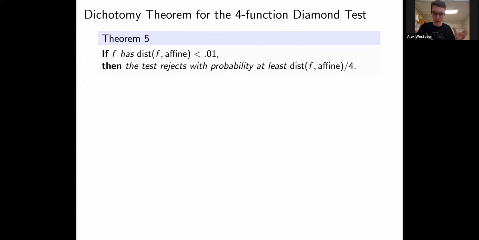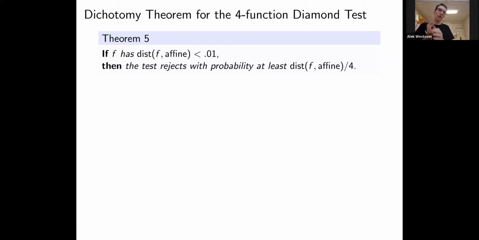So what we're trying to show is that functions which are far from affine get rejected with good probability by our tester. And we're going to first think about a special case of a function which is somewhat close to affine. So it's 0.01 close here.